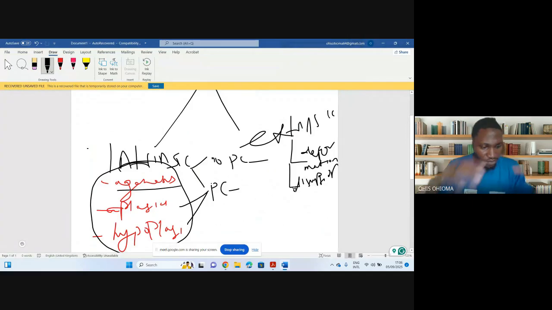So what basically happens in deformation, I'm going to use an example. We have a situation of, let's say, Potter sequence, or let's say oligohydramnios. What happens with Potter sequence is that this patient has a problem with the kidneys.